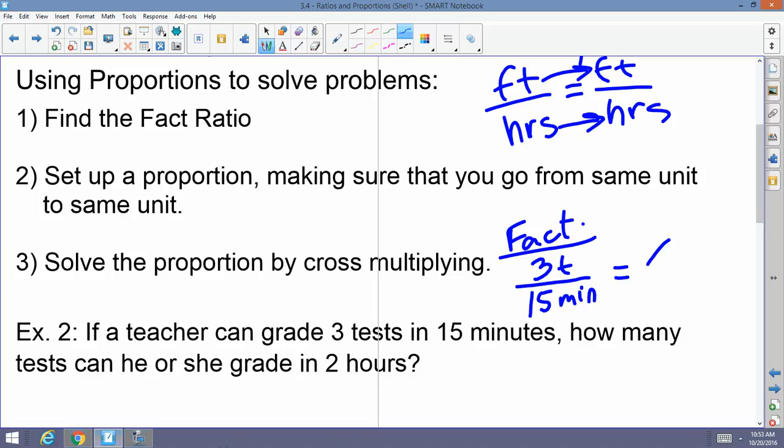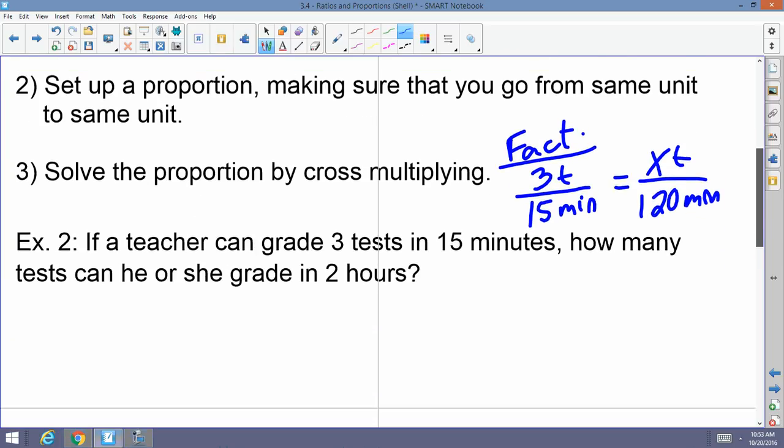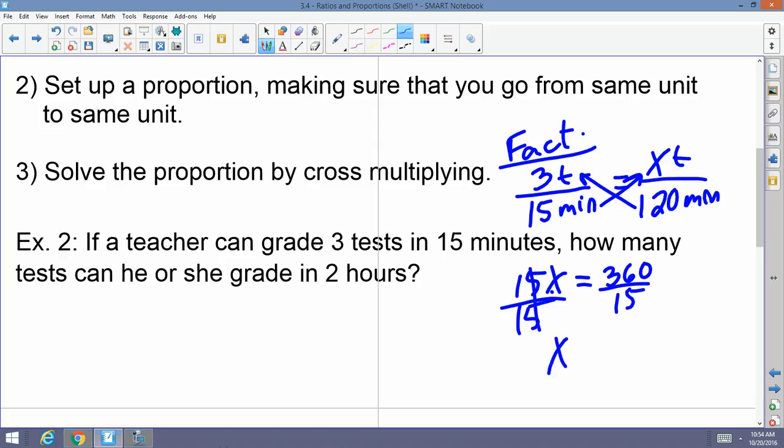So, x tests over, not 2 hours, 120 minutes. Yes, I converted hours to minutes. Remember, guys, gotta stay consistent. So now, this is very simple. Cross multiply. So this is 15x equals 360, divided by 15. So 15 on the outside, 360 in here, that's a 24.